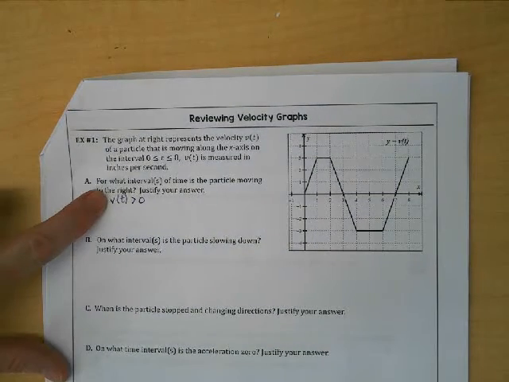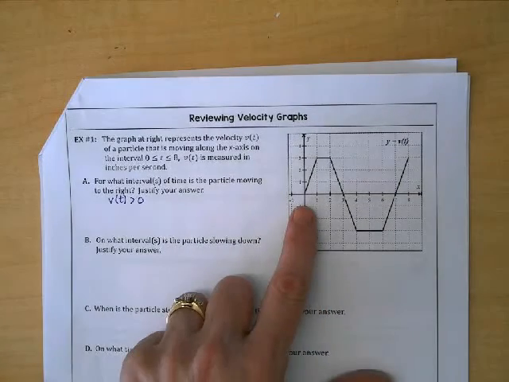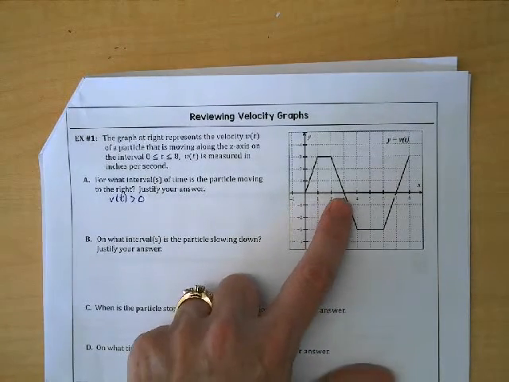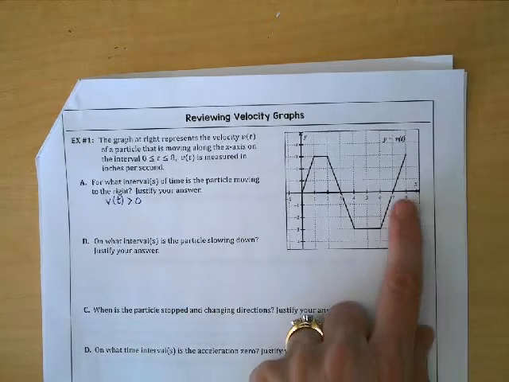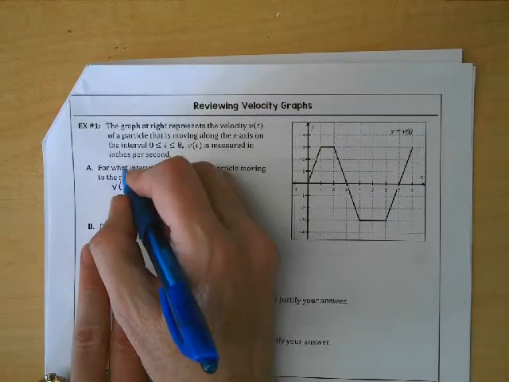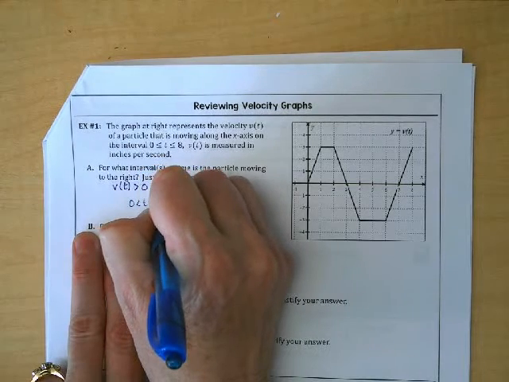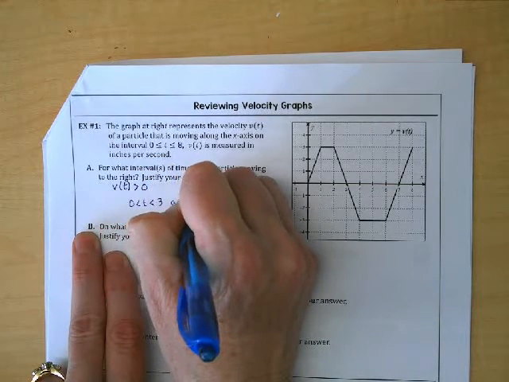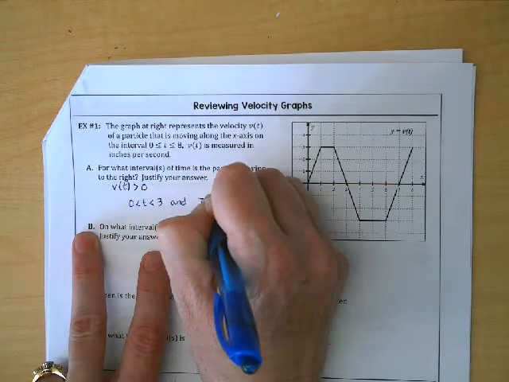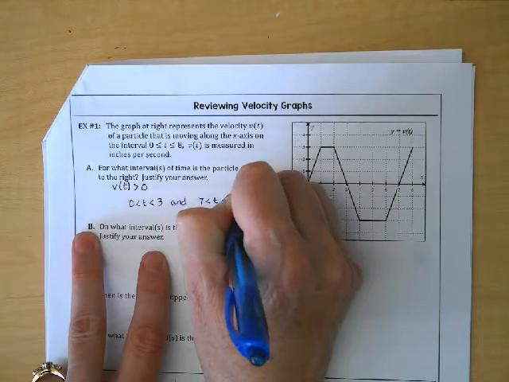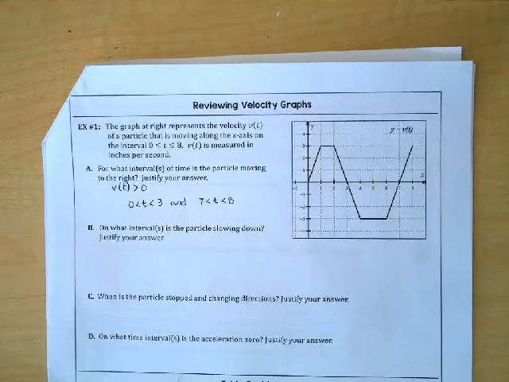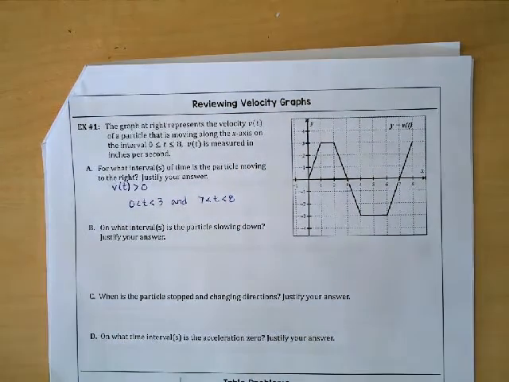That's our justification. So between 0 and 3 it's moving to the right, and between 7 and 8. So 0 is less than t is less than 3, and 7 is less than t is less than 8. That's some old stuff.